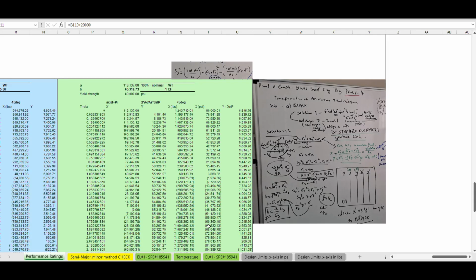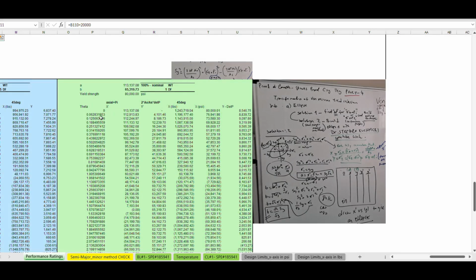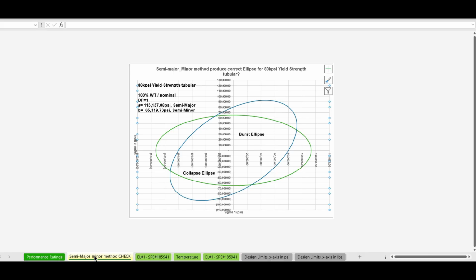Before we are able to use this ellipse, we would like to check if this ellipse is right or wrong. So that's what I have done in this step. Basically, I plotted the first two columns, and then I plotted the other columns after the angular transformation.